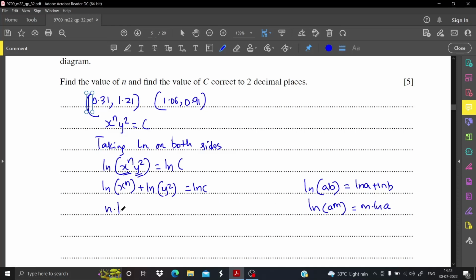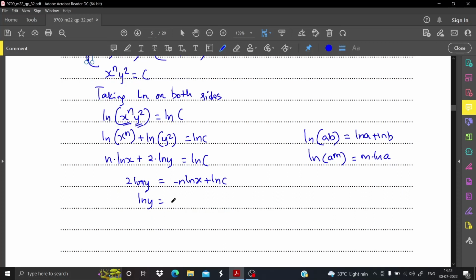So here you'll get n times log x plus 2 times log y equal to log c. Make log y the subject. So 2 log y equal to minus n log x plus log c. Therefore, when you divide by 2 on either side, log y is equal to minus n by 2 log x plus 1 by 2 log c.